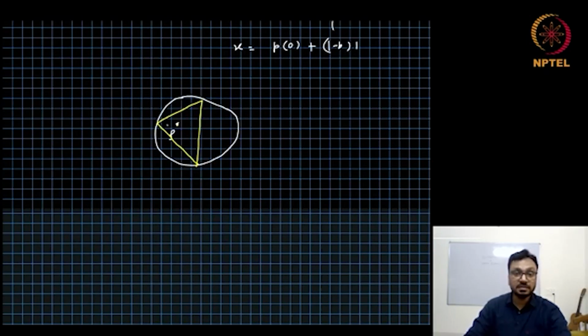Now a vector in this triangle, in this plane, can be represented by the weighted sum of the 3 vertices of the triangle. We have to find the weights, but it's not impossible and it exists. So we can always write a point in the circle as a weighted sum of the 3 vertices.